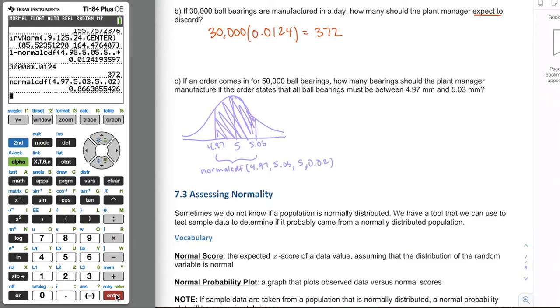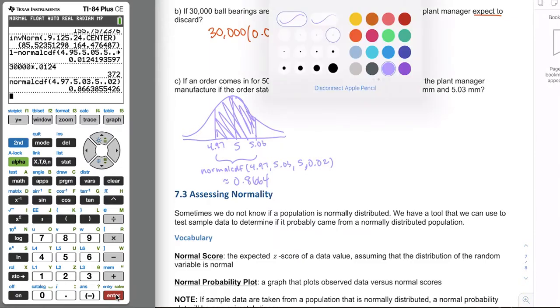So the proportion of ball bearings that meet that standard is about 0.8664. So we want 50,000 that are between those two numbers, which means we need to make more than 50,000 because we know that some of them will not meet that standard. They'll get discarded. The question is how many more than 50,000?